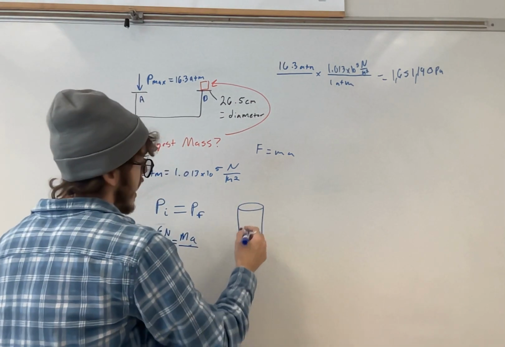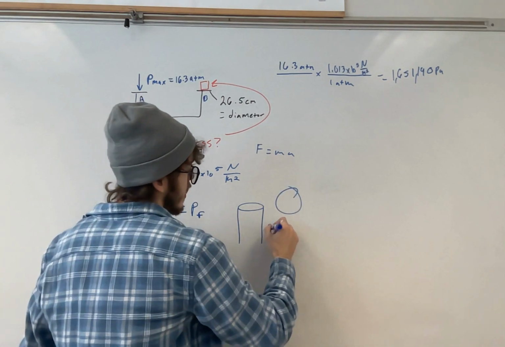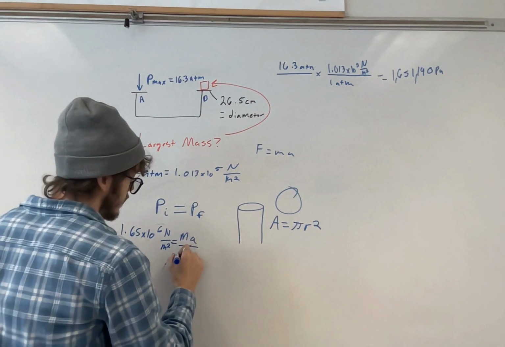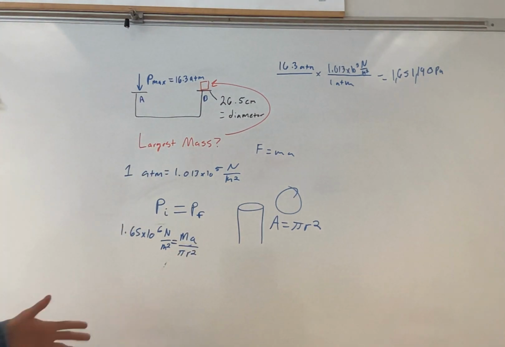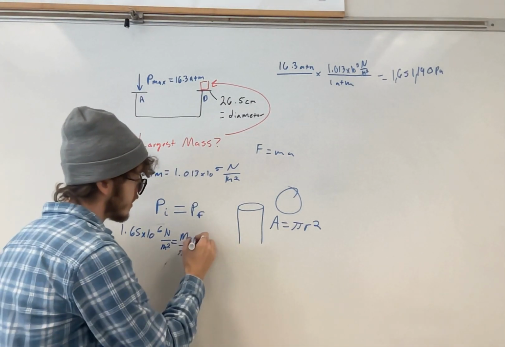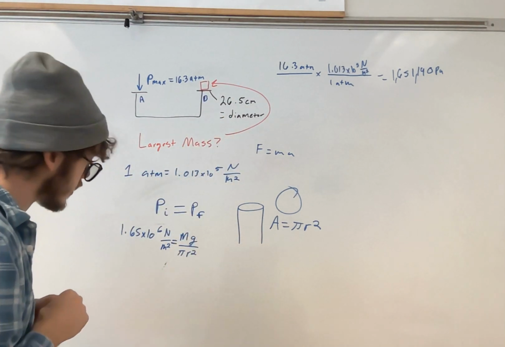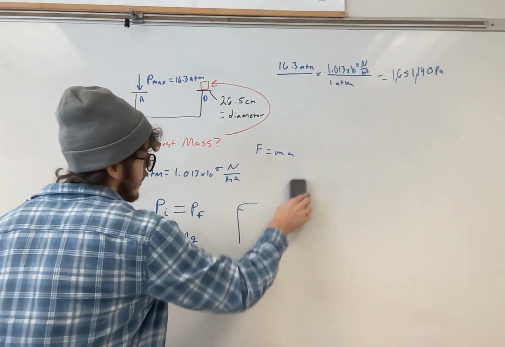The area of this is just a circle, and the area of a circle is equal to pi r squared. So we can put this as pi r squared. Okay, so we have a really good formula now. Let's even change acceleration to gravity, because that's the acceleration of this body, which is down, due to gravity. So we have our equation set up.